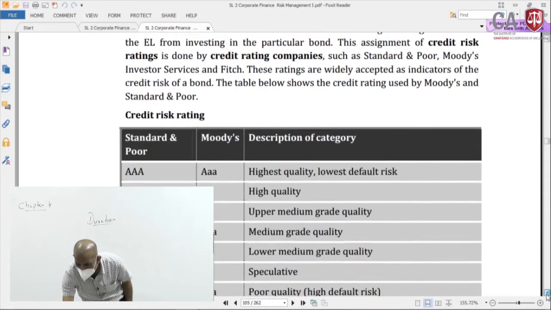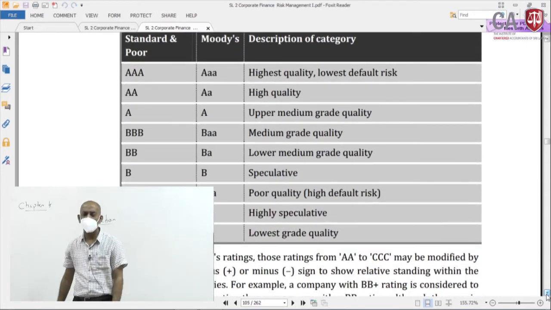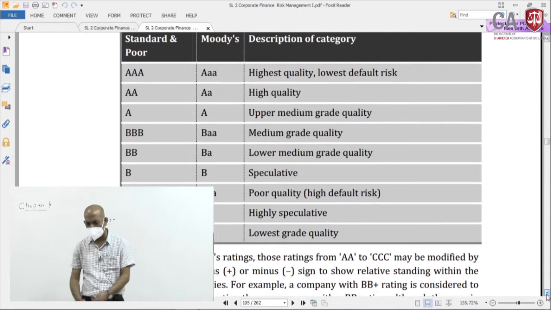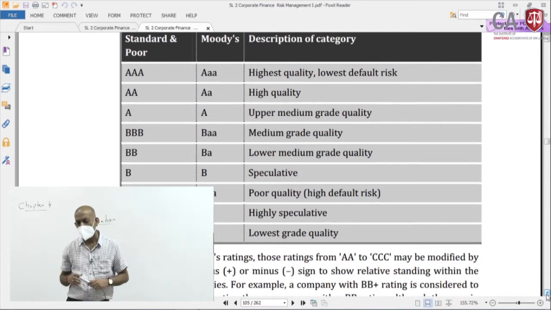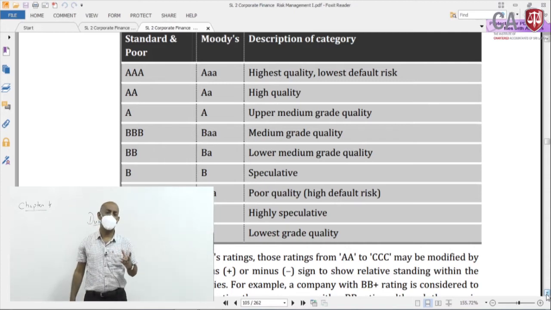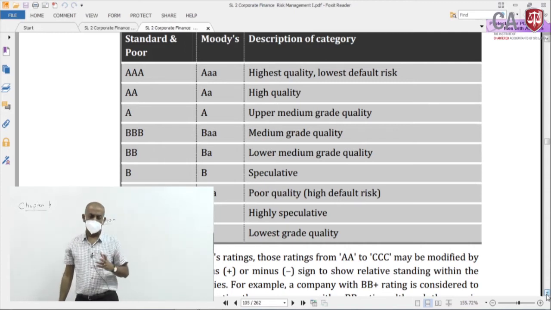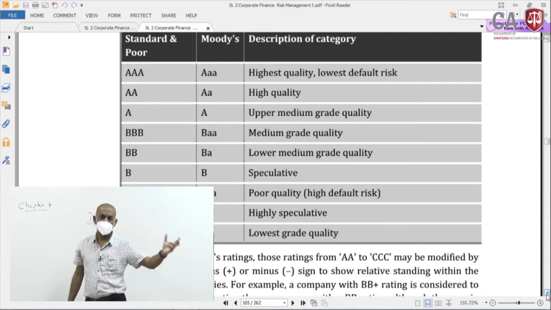Credit risk measurement: in the study pack, this table gives you the rating. As I mentioned earlier, I am talking about private sector or corporate bonds, not government bonds. When they issue private sector bonds, the company can get a rating for the instrument.